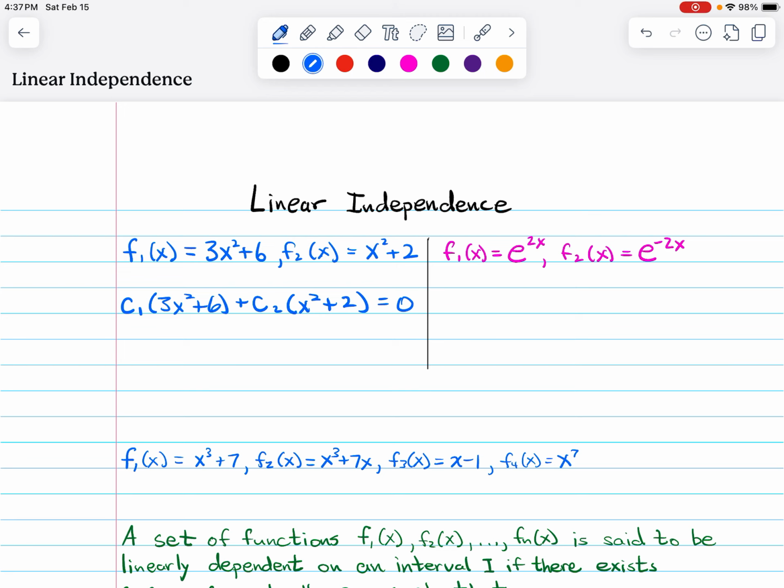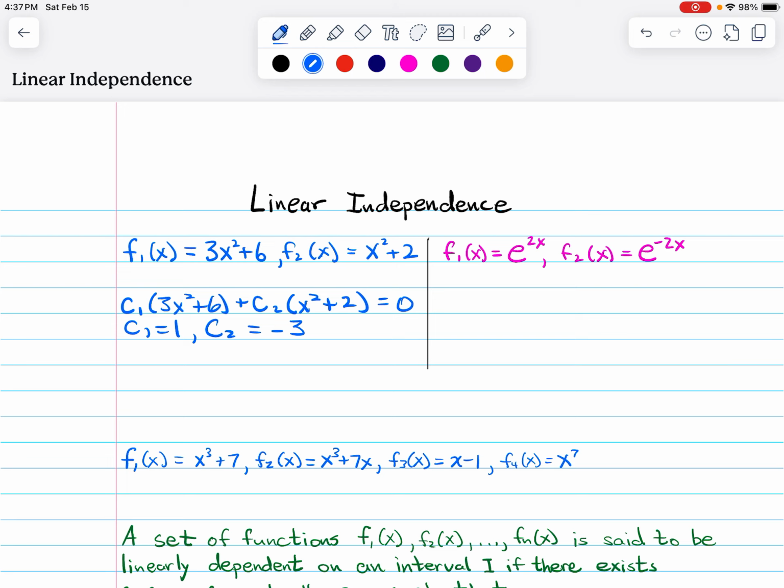Okay, so let's see how this would go. For example, I could say, well, I'm going to let C1 be 1, and I'll let C2 be negative 3.